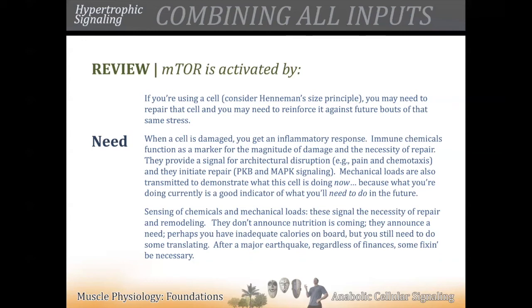Do you do 100 negatives, those eccentric drops? Do you do 100 of them, or you do 10? Right, the amount of damage is going to dictate the amount of that inflammatory response, the amount of architectural disruption, right? You'll be more sore, you'll have more chemotaxis if you do more damage, if you disrupt more tissue.